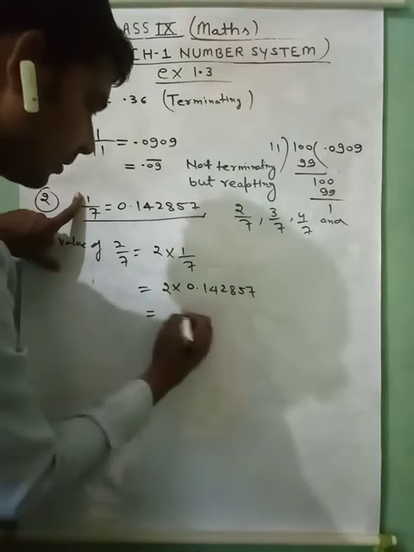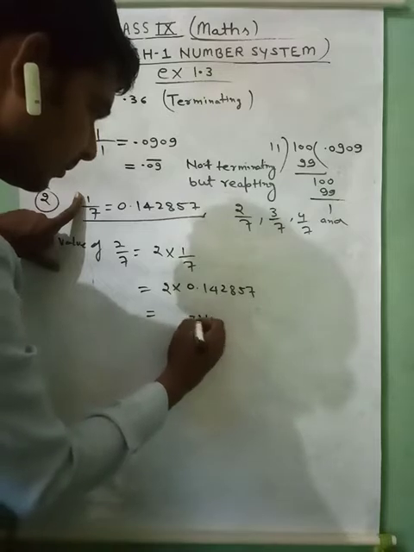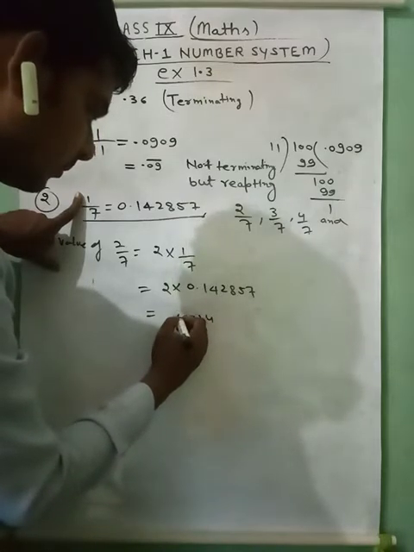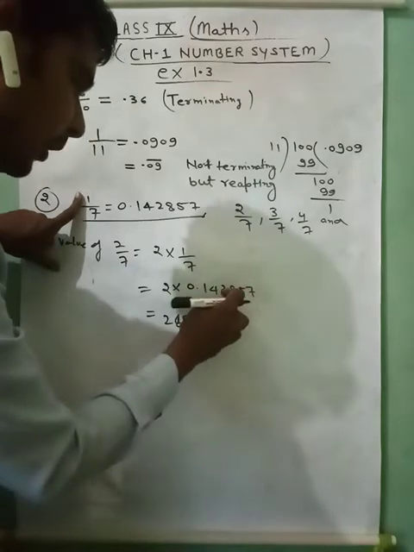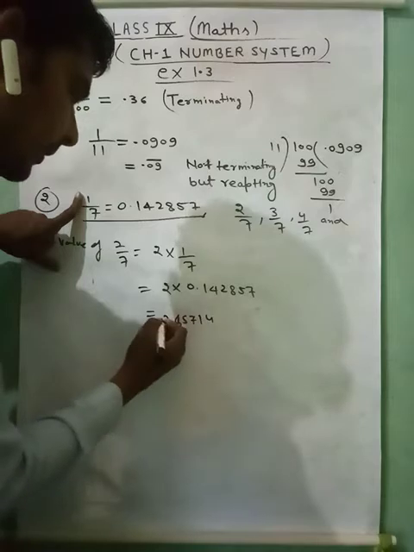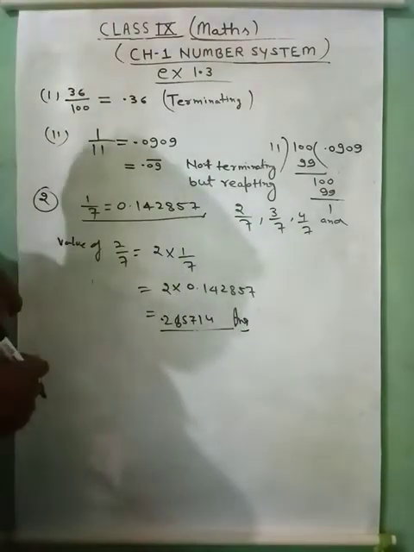It means 1 2 3 4 5 6, 1 2 3 4 5 and 6. It's your answer. Is it clear or not?